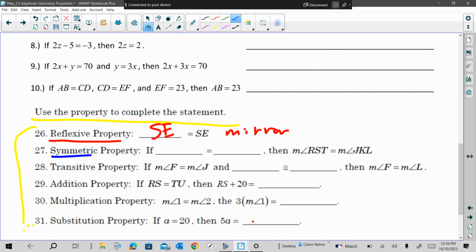Like here, they want you to use symmetric property. What do we do in the symmetric property? You switch them. So since they told us how it ended, we need to switch it back. So the measure of angle JKL is equal to the measure of angle RST.